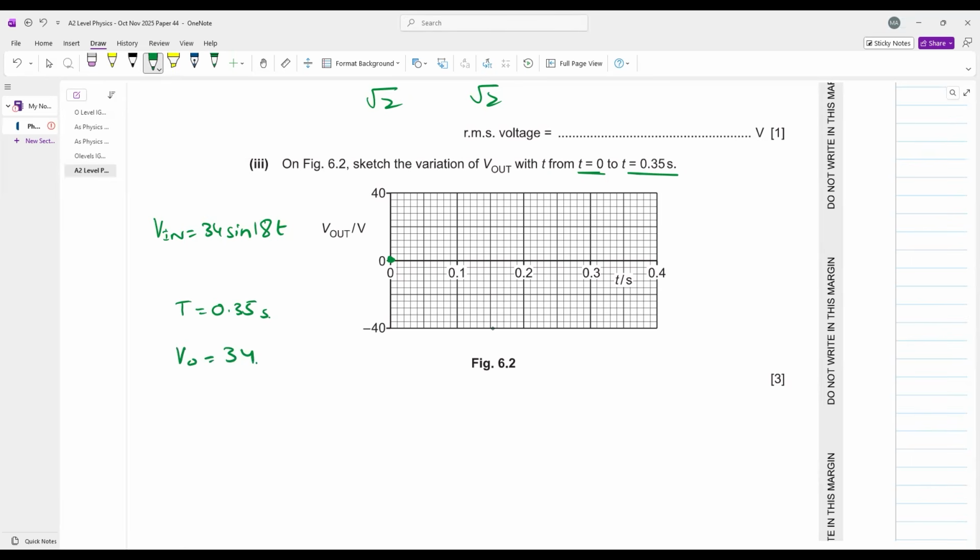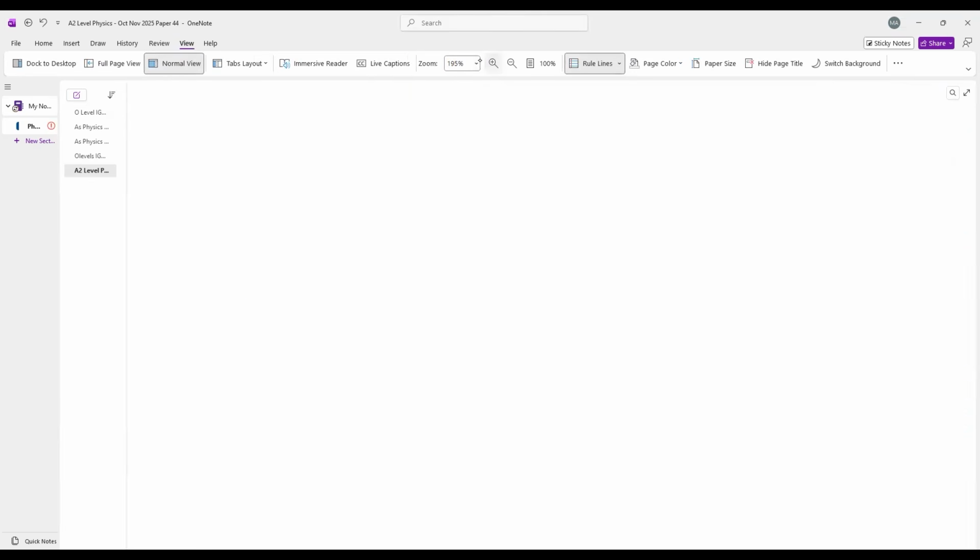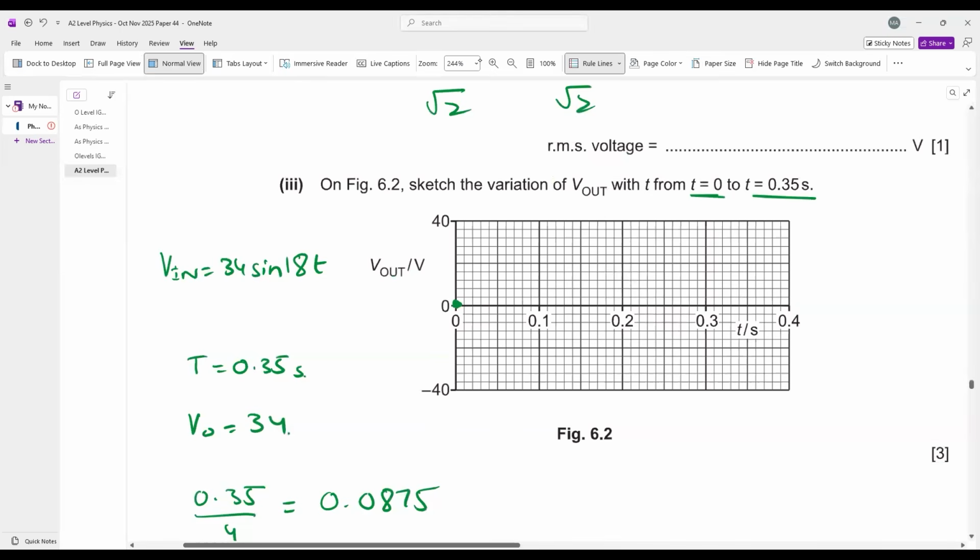First of all, we can divide the time period into four equal parts. 0.35 divided by 4 is equals to 0.0875. If you zoom in a bit, this will be 20, this will be 24, 28, 32, this is 34. And where will 0.0875 lie? Somewhere here. At 0.0875, you have a voltage of 34.